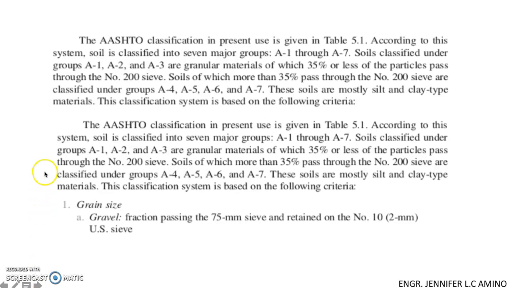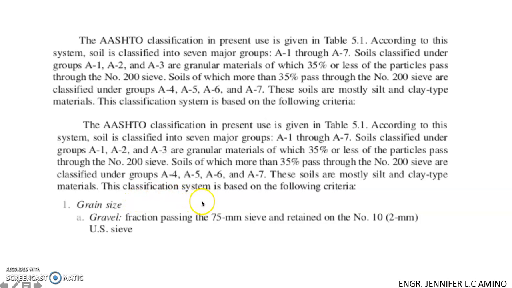For the AASHTO classification present in the given table, there are 7 groups. Under those groups, you can identify the different variations on how to classify your soil sample. Those soils are mostly silt and clay type materials.